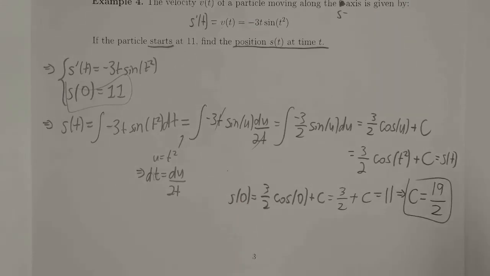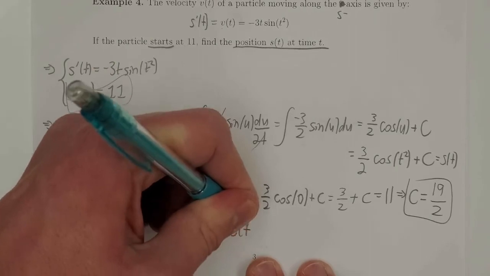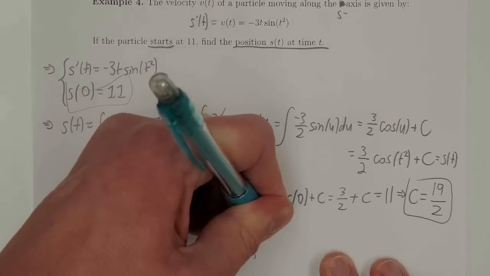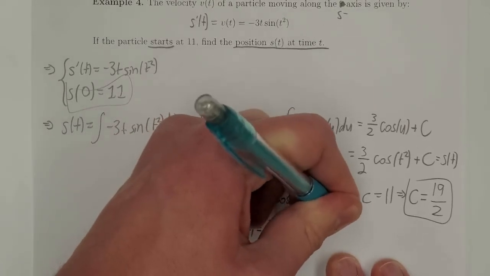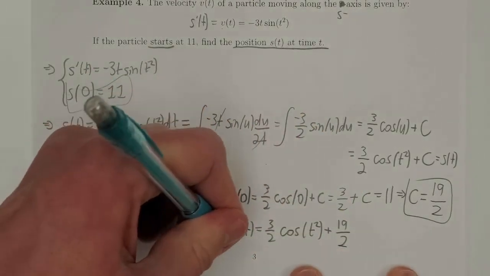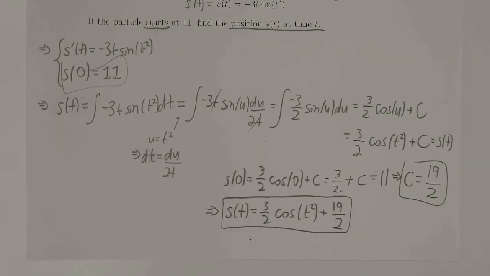So, ultimately, you should end up with the particular solution of s of t is equal to 3 halves times cosine of t squared plus 19 halves. Okay? And that's your particular solution that you need. Okay, so any questions on any of this?